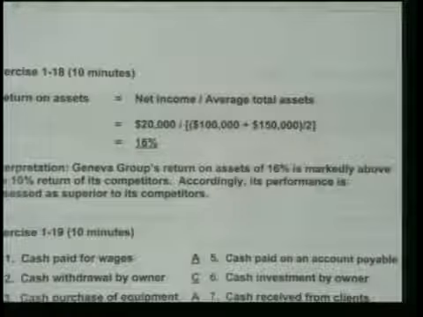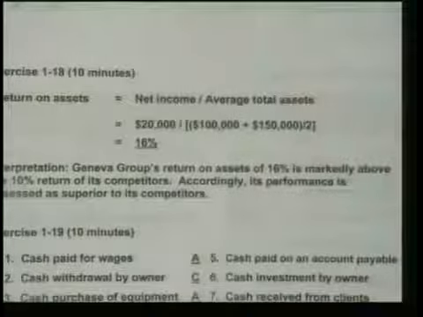And these are just different ways of analyzing. Well, there's different ways of measuring companies and analyzing companies as well. One of those ways is the return on assets. Now, the return on assets is calculated by taking the net income divided by the average total assets, correct?